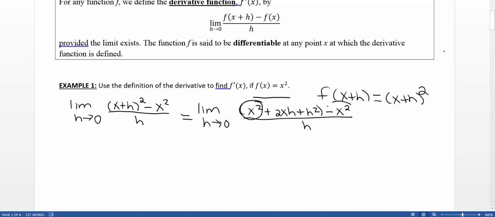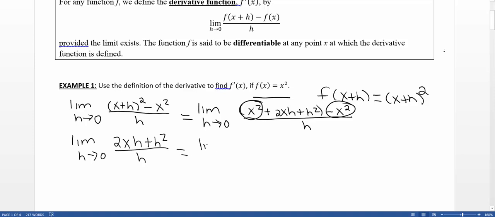So here we have an x squared and we have a minus x squared. So those two terms will cancel, which leaves us with 2xh plus h squared divided by h.